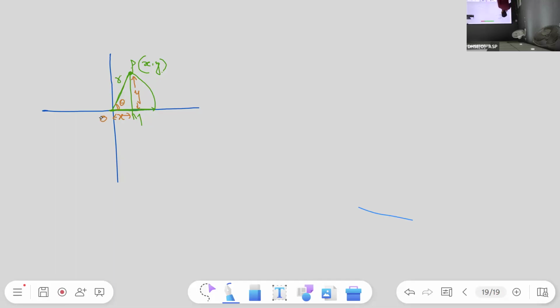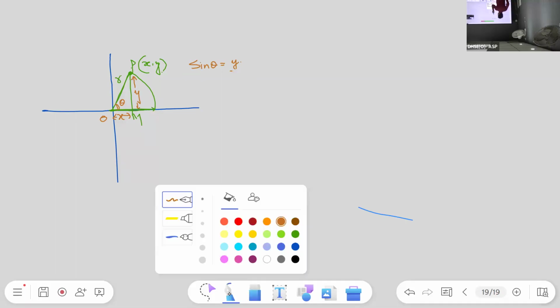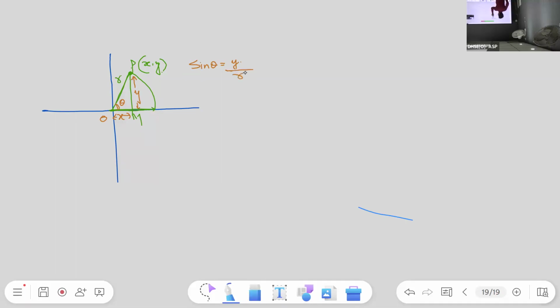In the triangle OPM, sin theta is equal to y upon r, cos theta is equal to x upon r, tan theta is equal to y upon x.